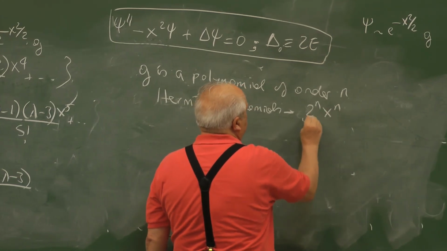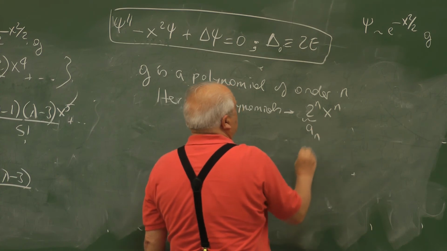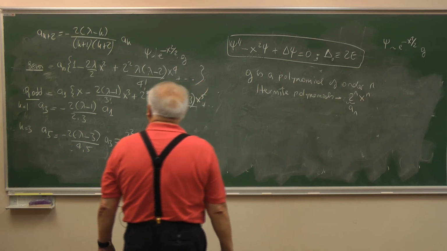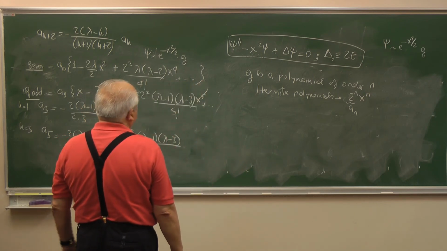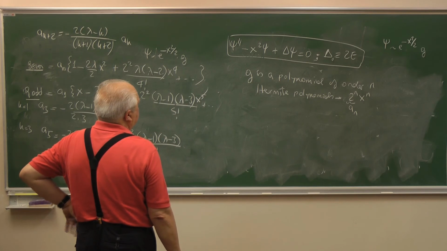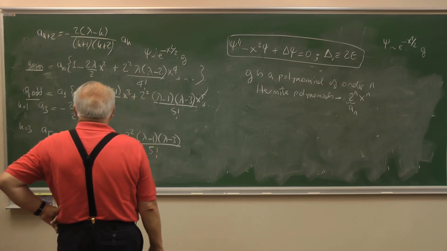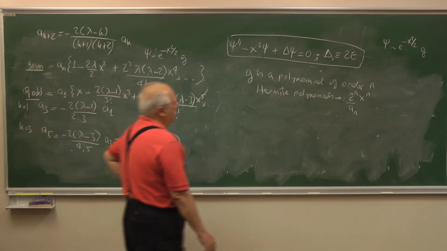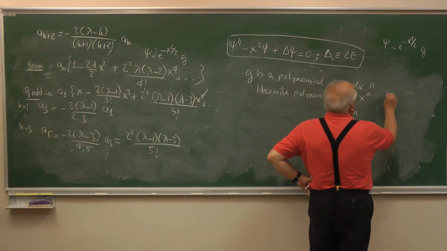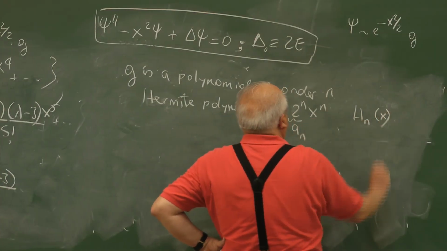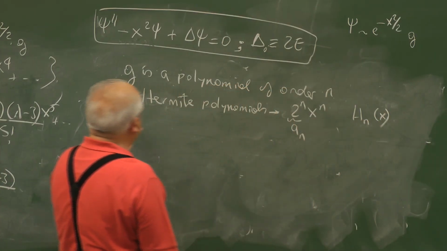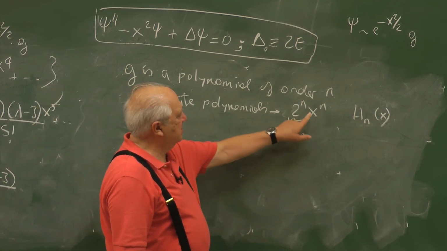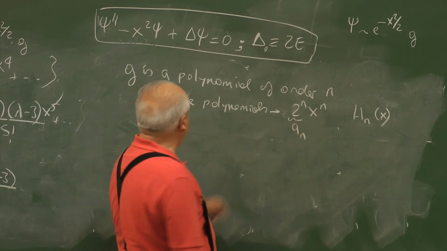Okay, so a n is chosen to be 2 to the n. So let us determine a few simple polynomials. Hn of x is g such that the a n, the coefficient in front of the power x to the n, is 2 to the n.